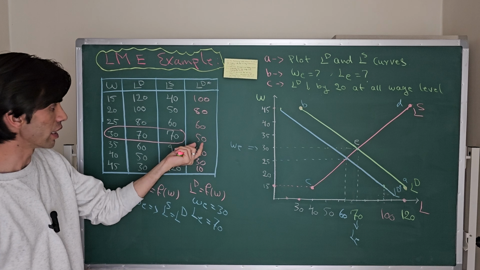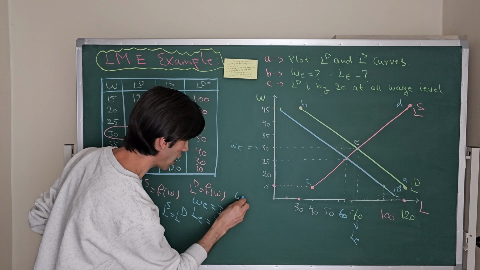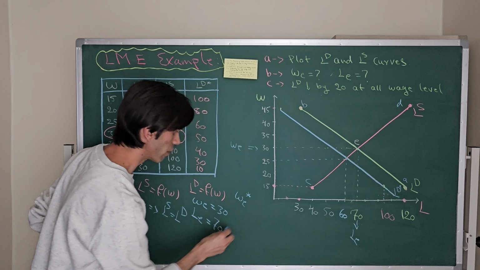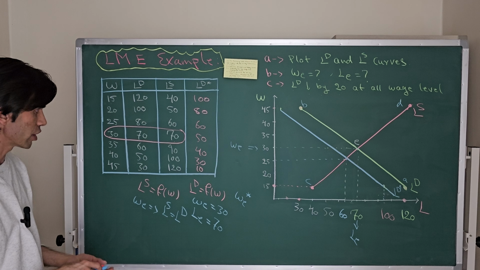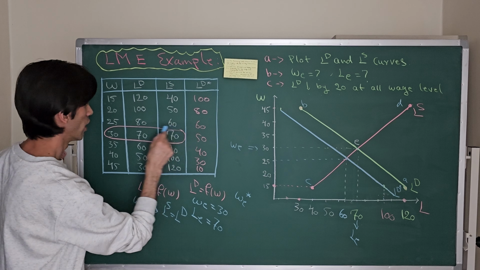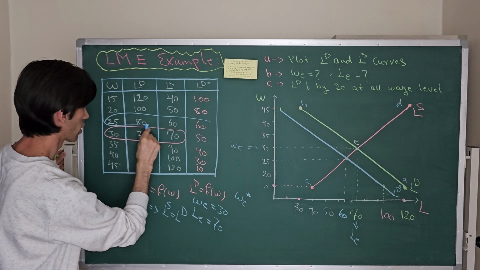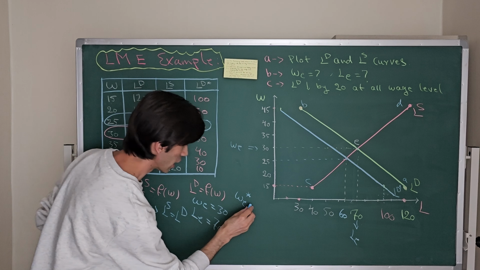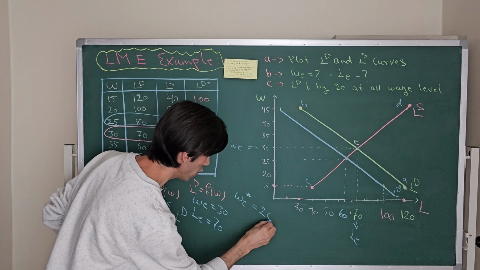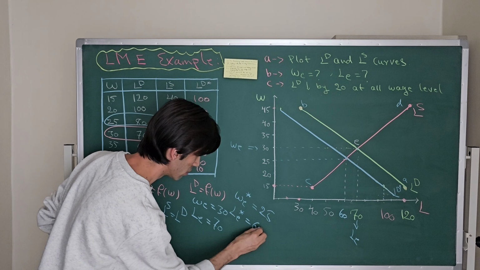To find the new equilibrium wage, WE star, again it is the wage level at which labor demand is equal to labor supply. We can see that when the wage level is 25, labor demand and labor supply are both equal to 60. So WE star is 25 and LE star is 60.